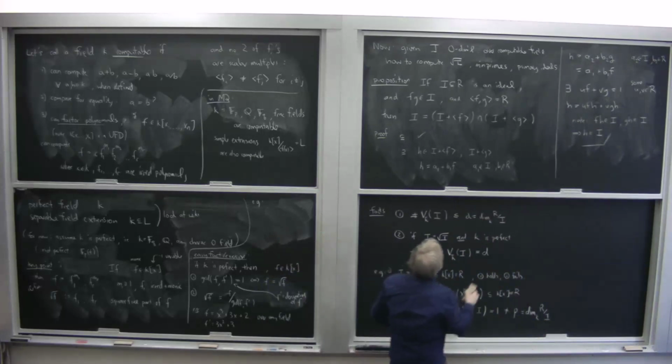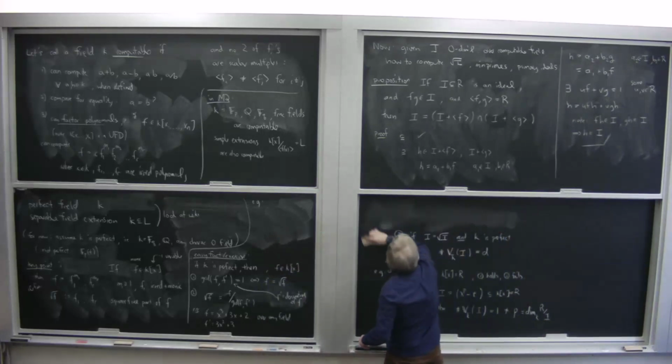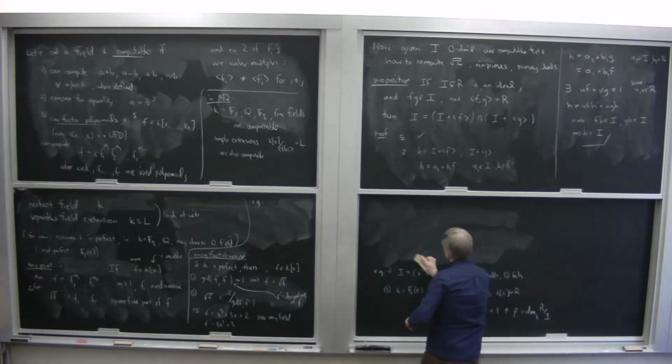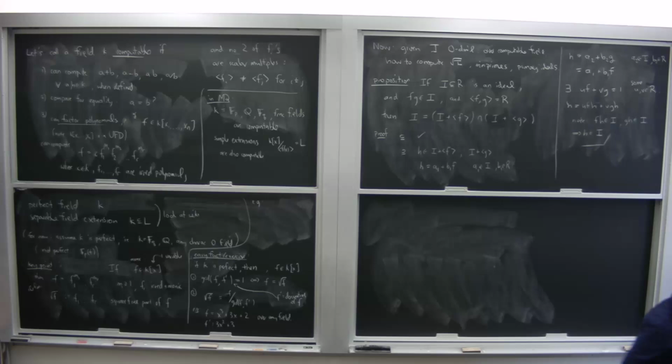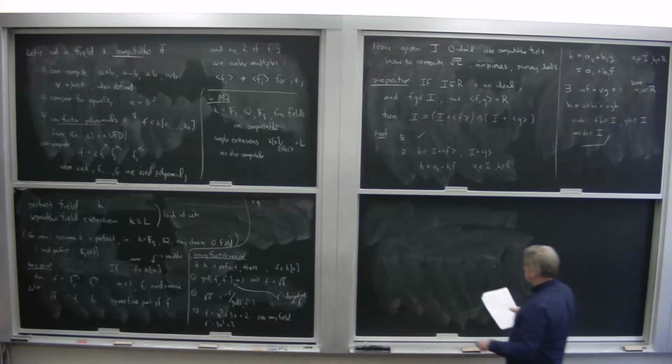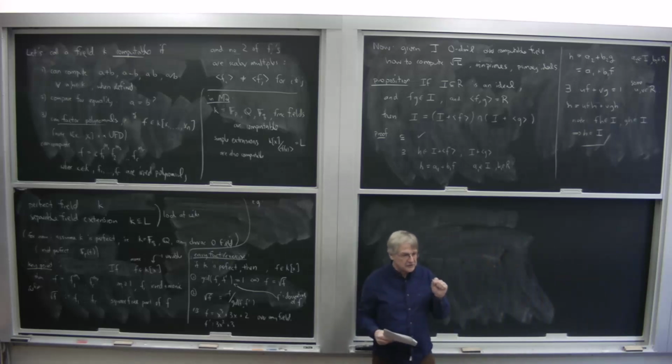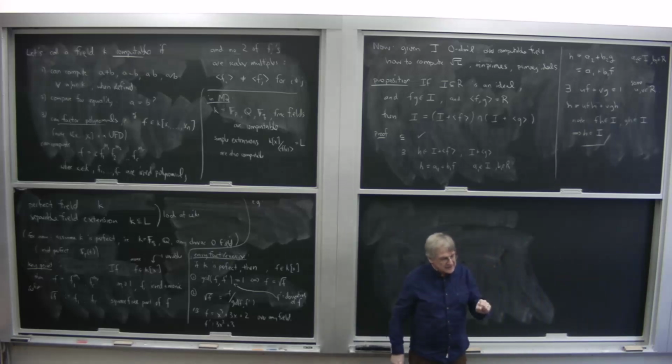Okay, now let's suppose that we have an ideal I. Remember that if I is zero dimensional, it has all these univariate polynomials floating around, one for each variable.